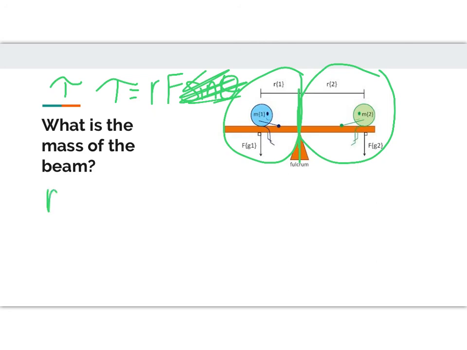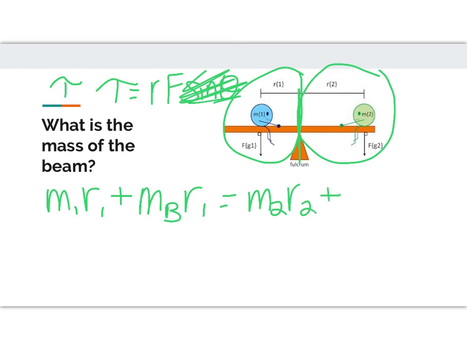His mass is M1, and he is R1 far away. On this other side, we also have something else, and that is the mass of the beam, and that's R1 away. On the other side, we have the mass M2, which is R2 away. And then we also have the mass of the beam, which is R2 away. From this point, we could actually solve for the mass of the beam.